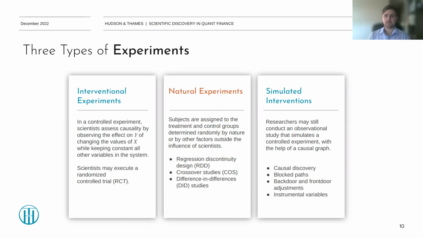Then you also have crossover studies. In these studies, you would take participants, and we can use the example of giving someone a drug, because that's how a lot of these experiments came about. For example, you can give a patient a certain treatment, and then over time you stop that treatment, see what's the effect, and then again you start the treatment.